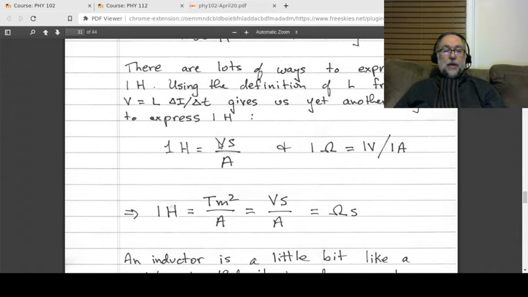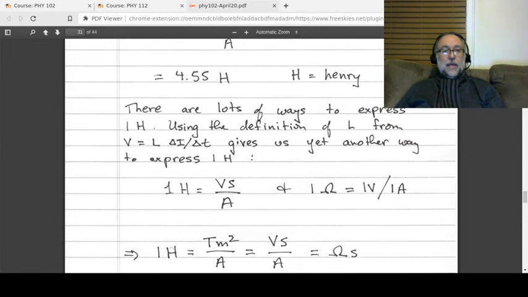How does that work out? If you go back to the equation that defined inductance, V is equal to L delta I over delta T. If you just do a unit analysis on this, potential is measured in volts, so there's your volt.